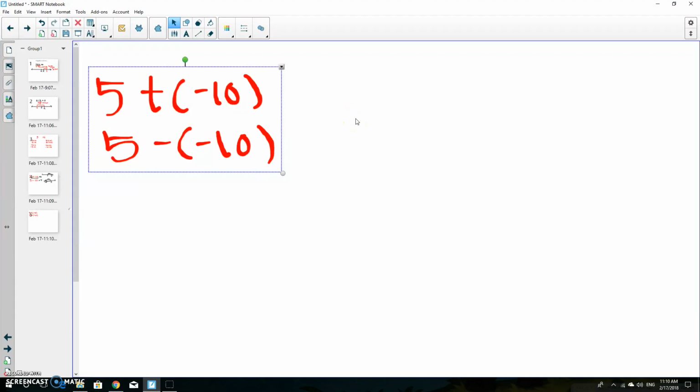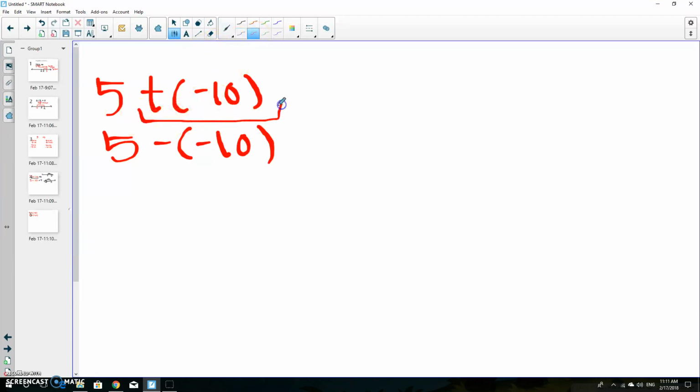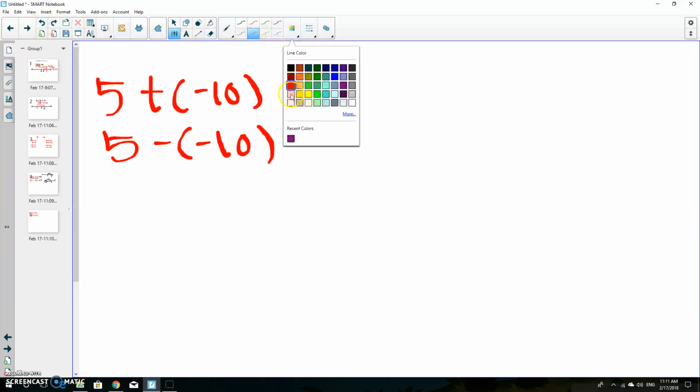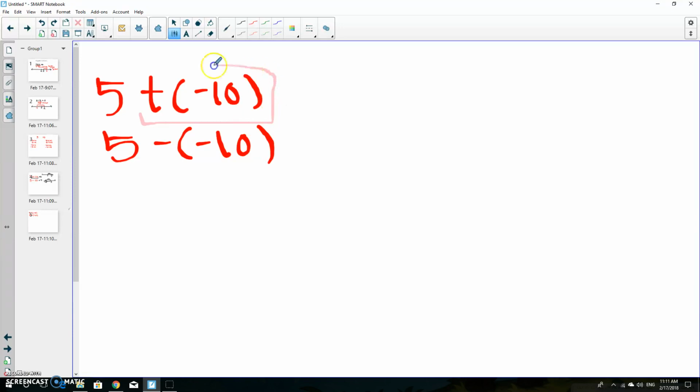So I'm trying to read this statement and make sense of it. Okay, I shouldn't use red again. Sorry. Let's make it pink, shall we? Yeah, we are trying to make sense of this statement. It's saying that I'm going to move to the right because this is telling me I'm going to move to the right for a negative 10 space.